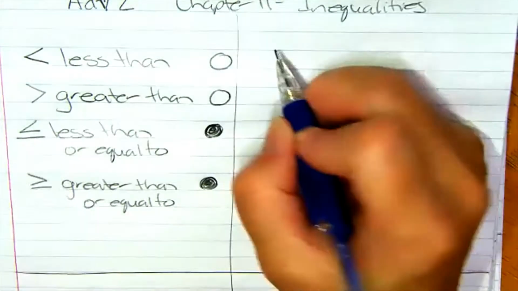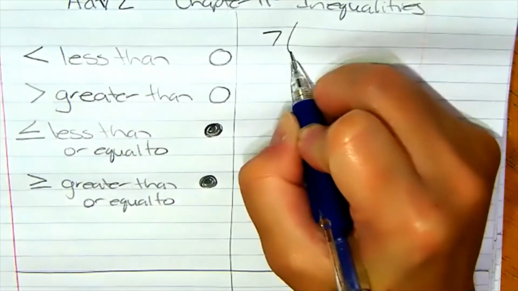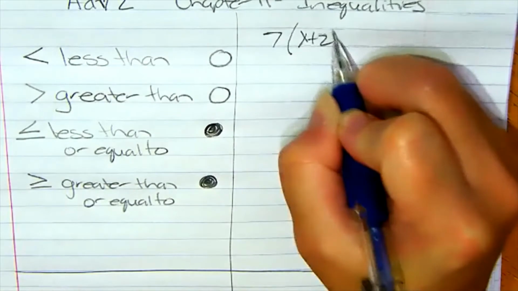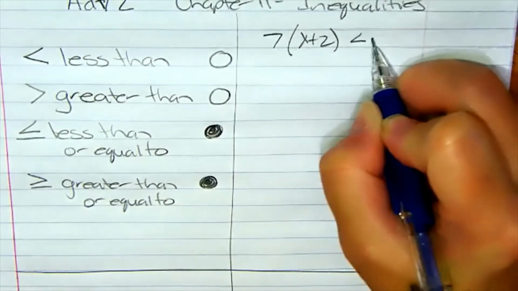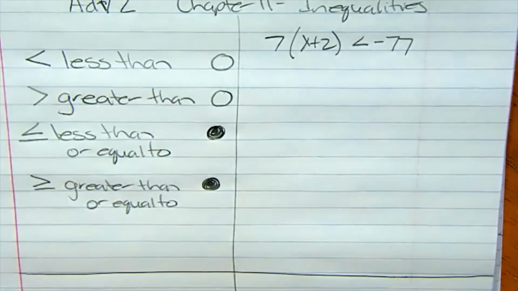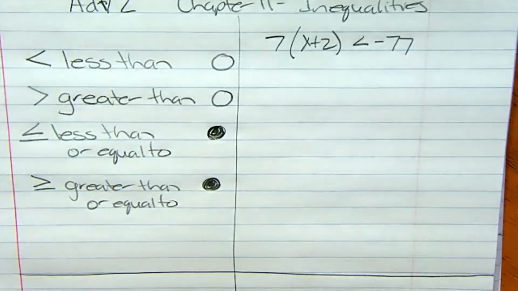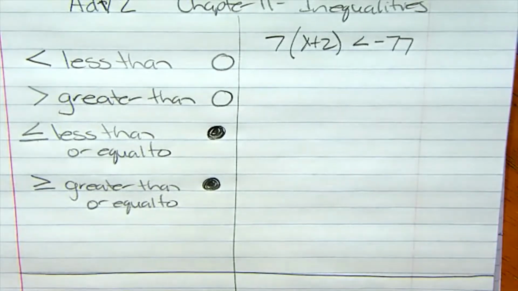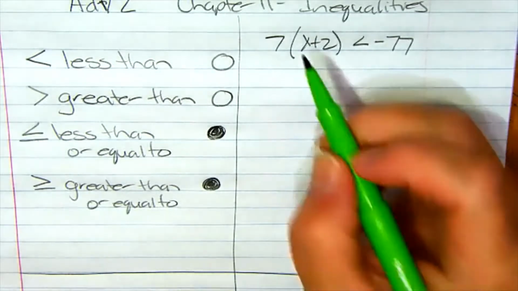Okay, let's jump in. 7 times x plus 2 is less than negative 77. Okay, the first thing I'm seeing, the dreaded distributive property, but it's not that bad.